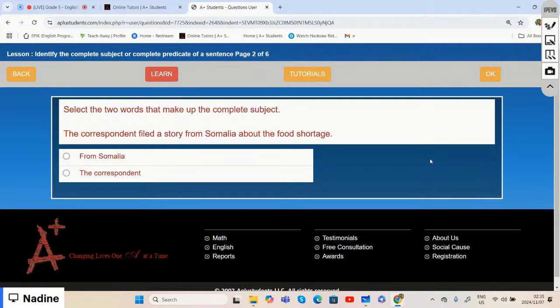And if we were to select the subject, right? Because we need to identify the subject.